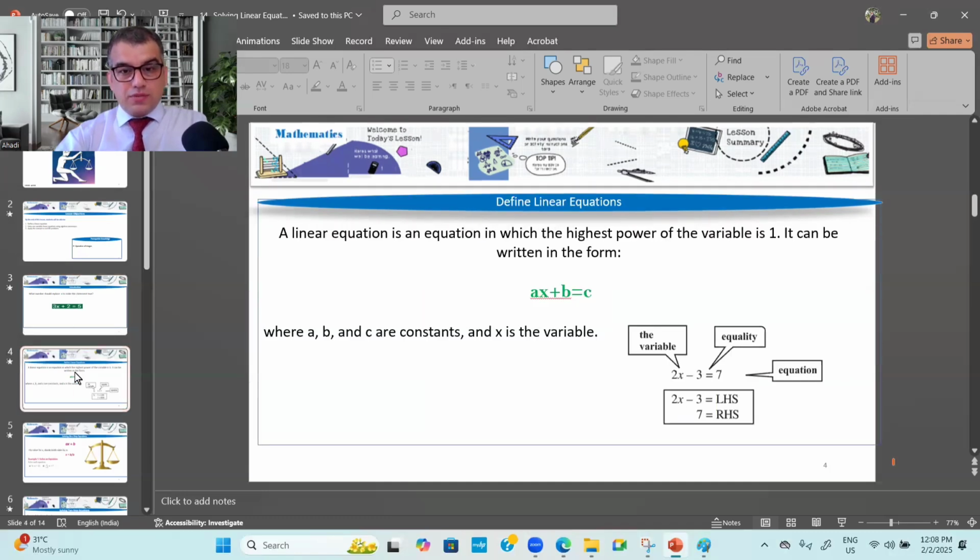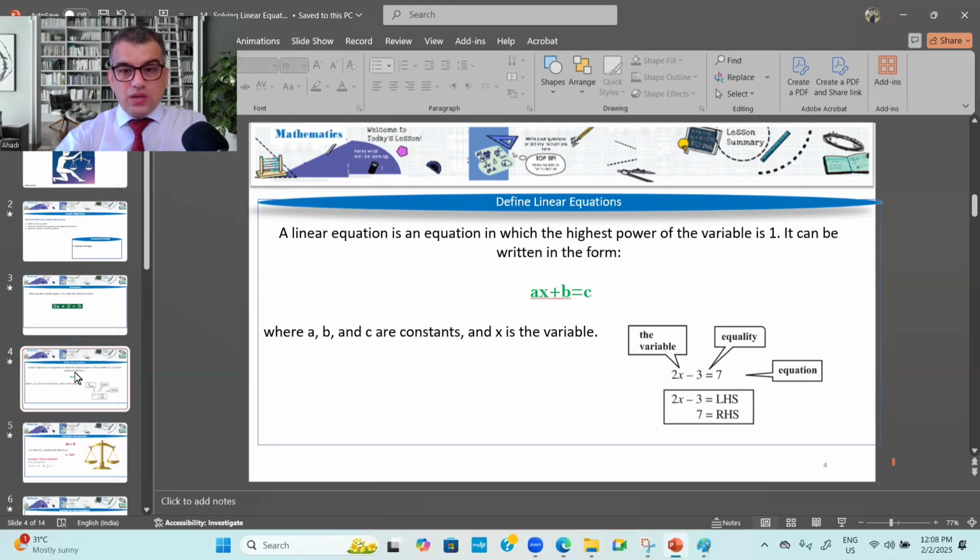So let's begin with the definition of a linear equation. A linear equation is an equation in which the highest power of the variable is 1.